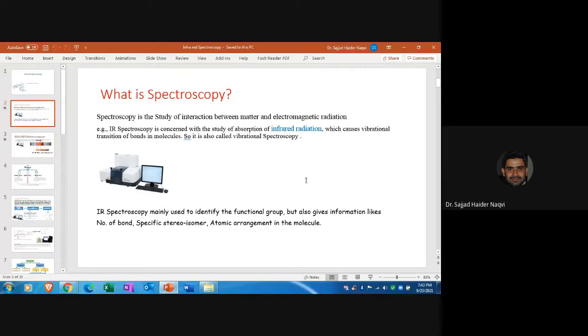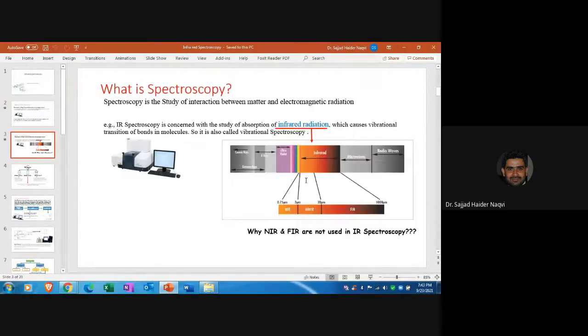Here, it's more towards identification of a specific functional group in a molecule, information about its isomeric structure, its number of bonds, and the atomic arrangement of that molecule. That's mainly the objective of IR spectroscopy.